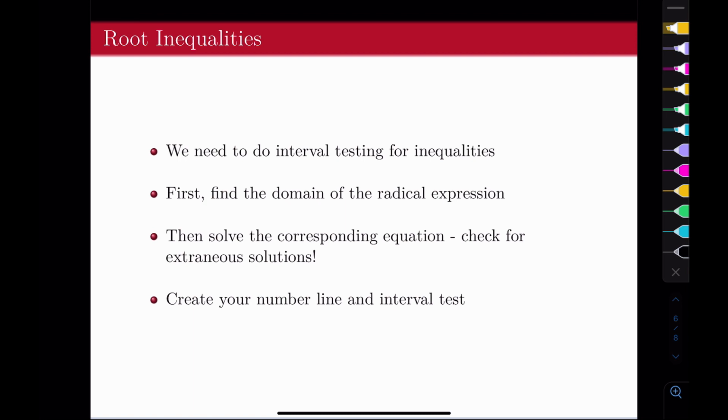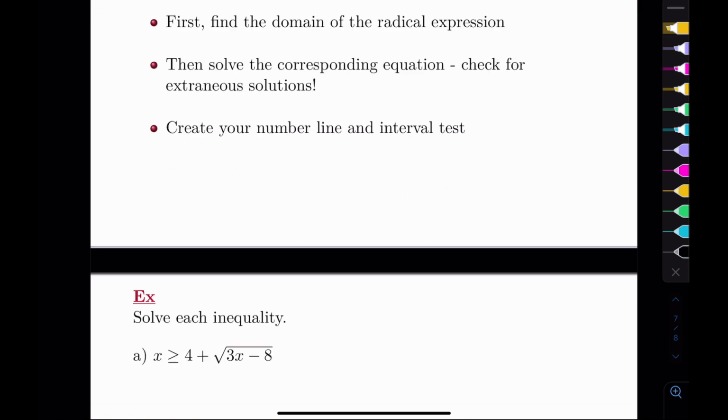Here, there are going to be numbers that just don't even make sense in the context of the problem. So first and foremost, you want to find the domain of the radical expression that's given to you. Then you're going to find your answers to your corresponding equations, and then those two things are going to give you the right numbers for interval testing.